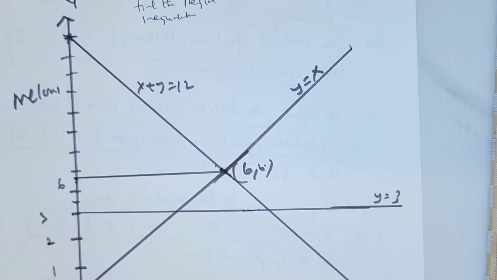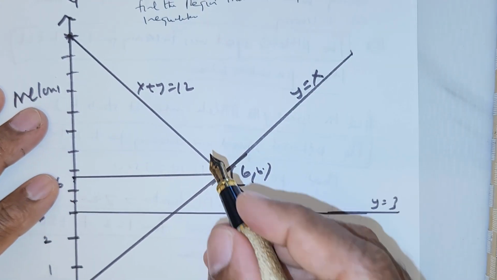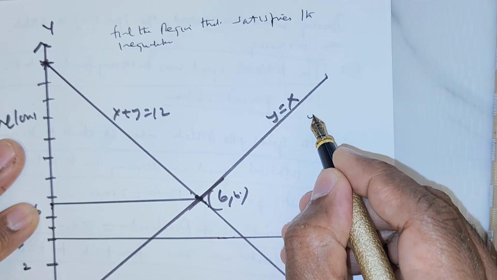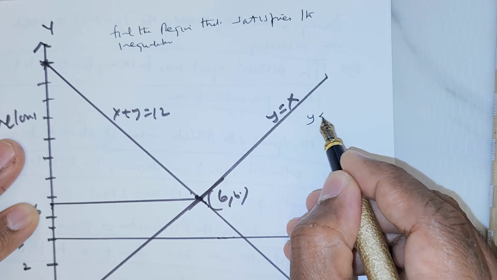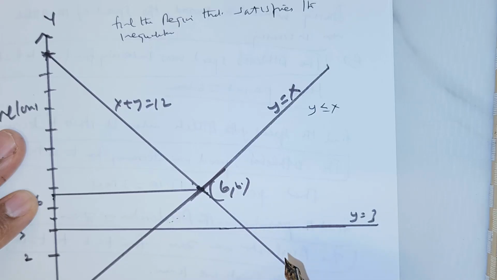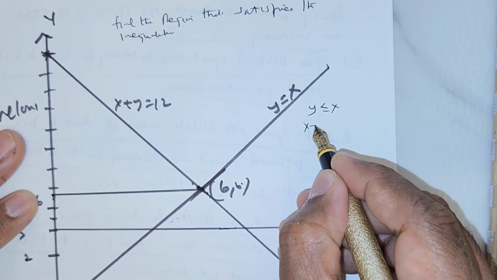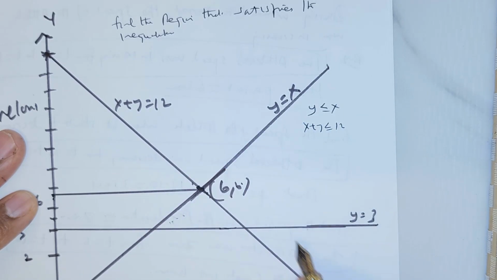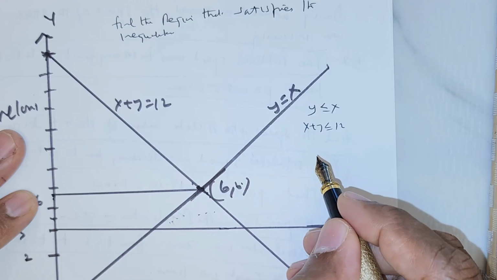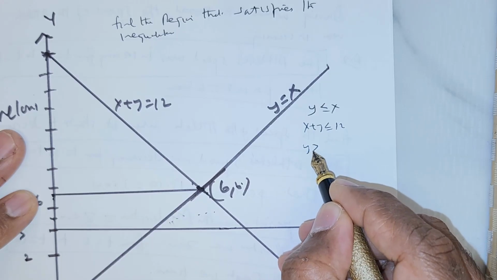Okay, now the first inequality is y is less than equal to x. So y is less than equal to x means this region. Next, x plus y is less than equal to 12. X plus y less than equal to 12 means this region. And then y is greater than equal to 3.